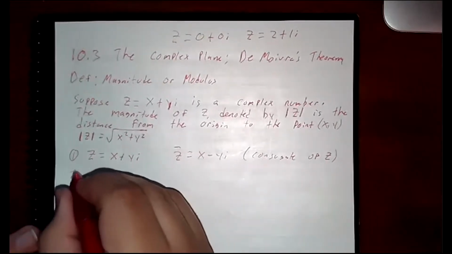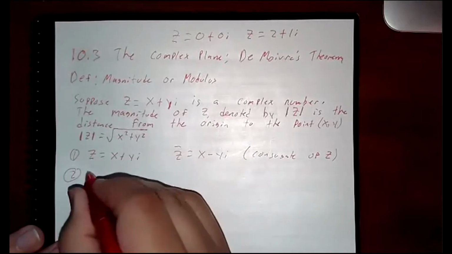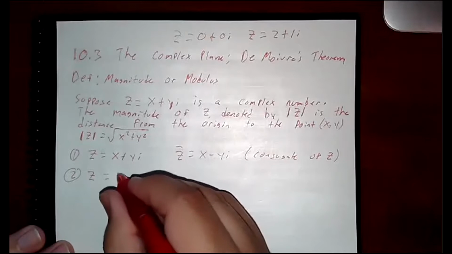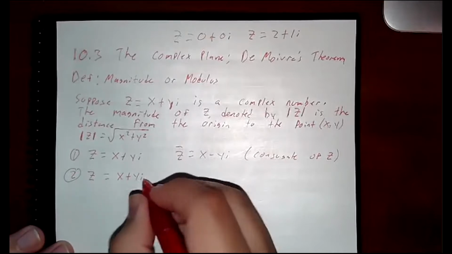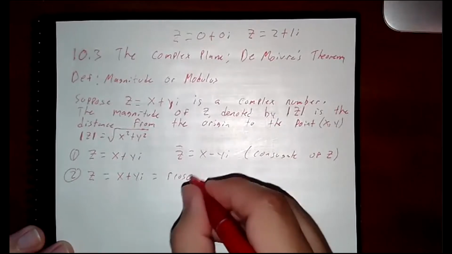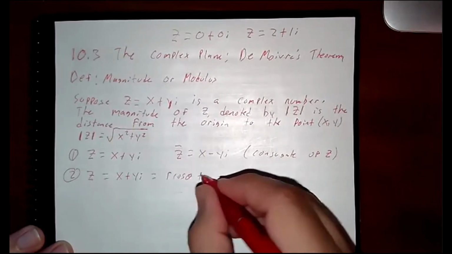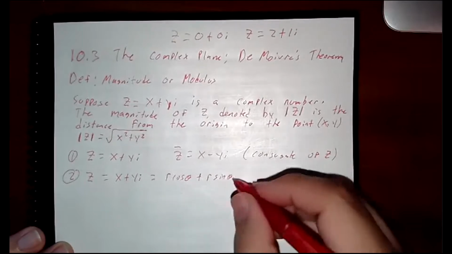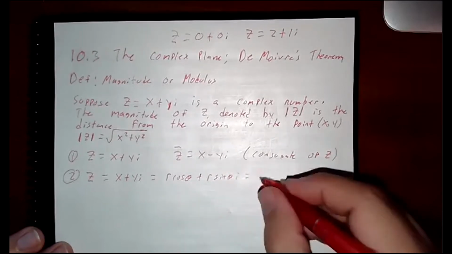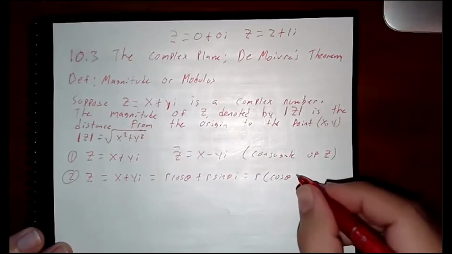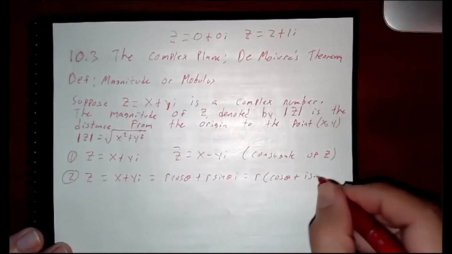Number 2, z equal to x plus yi can be rewritten as r cosine theta plus r sine theta times i, or simply as r times cosine theta plus i sine theta.